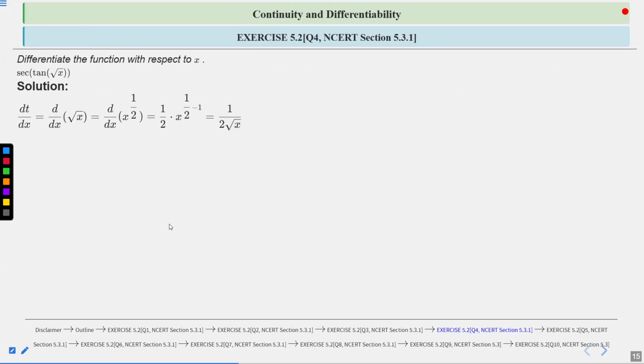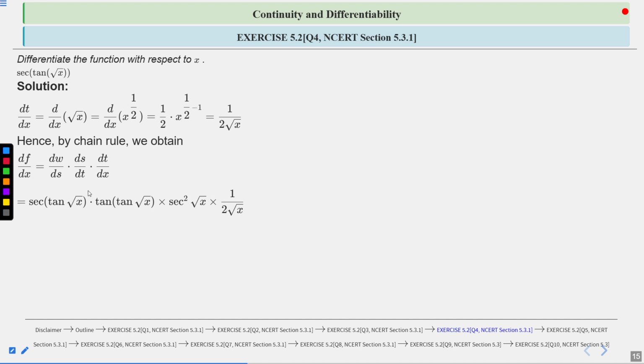Clear? Now let us calculate dt upon dx, which will be equal to d upon dx of root x, which is equal to d upon dx of x to the power 1 by 2. This will be equal to 1 by 2 into x to the power 1 by 2 minus 1, which will be equal to 1 by 2 root x. Hence by the chain rule we obtain df upon dx equal to dw upon ds into ds upon dt into dt upon dx. This is the chain rule.